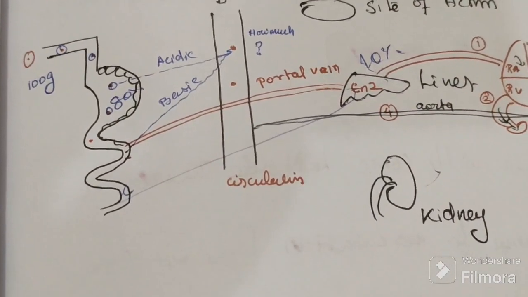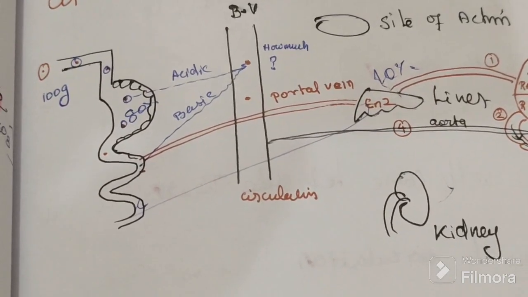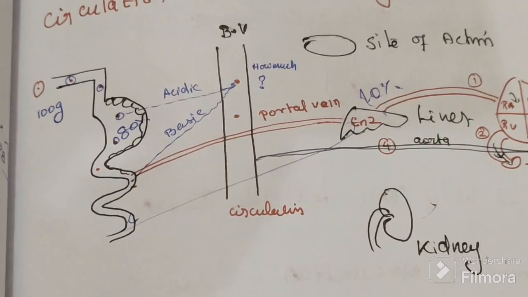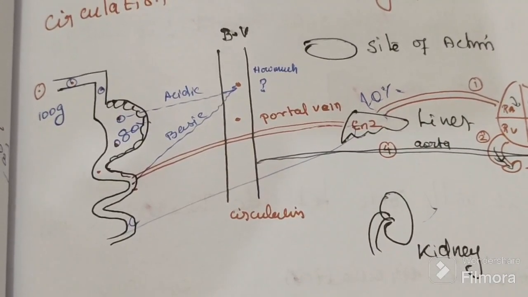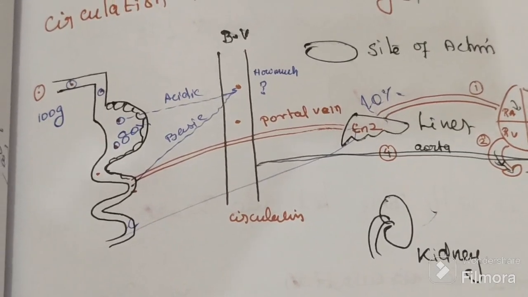Out of 100, only 70 percent is coming, 20 is lost in absorption and 10 percent is lost in portal circulation.